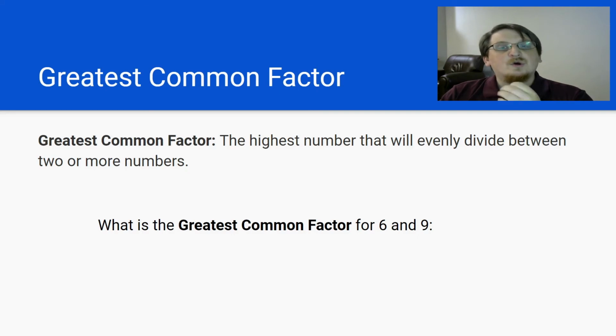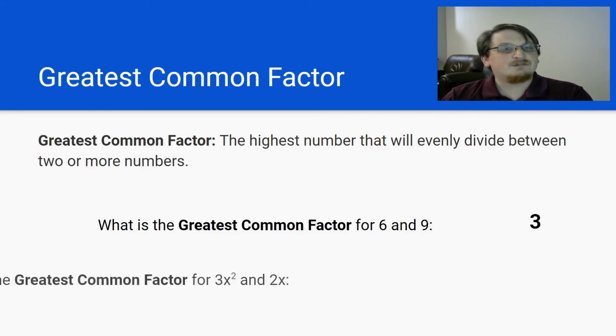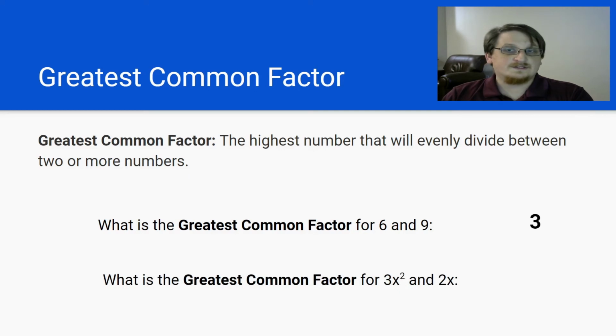So, what is the greatest common factor between 6 and 9? Well, our answer is 3. In our next example, we have 3x squared and 2x. This is important: there are two parts to these terms, the number part and the variable part. So we have 3 and 2. Can either of these be divided by any number besides 1?